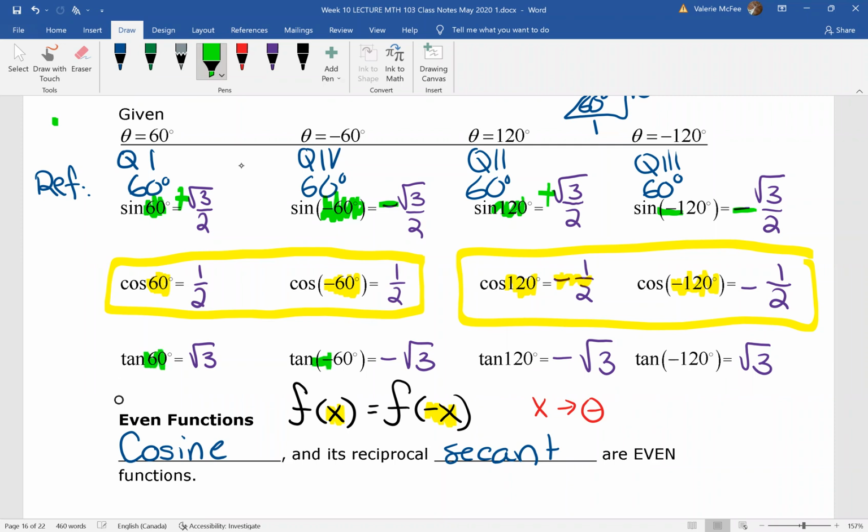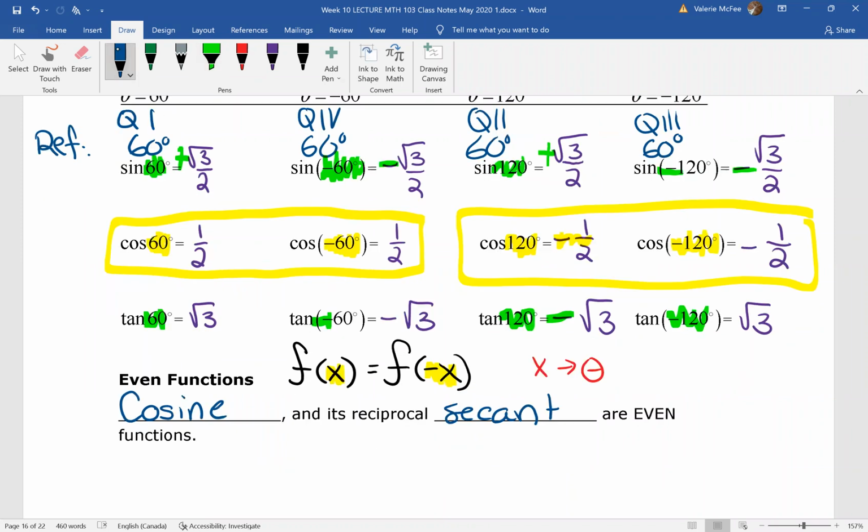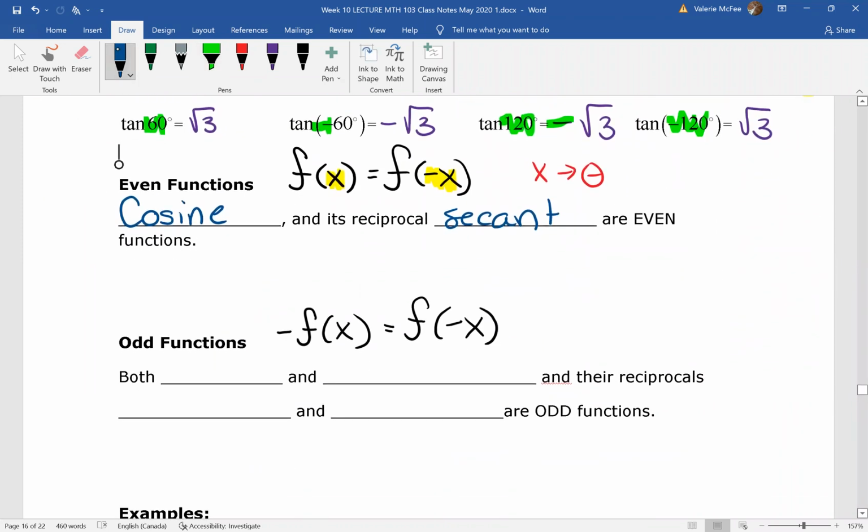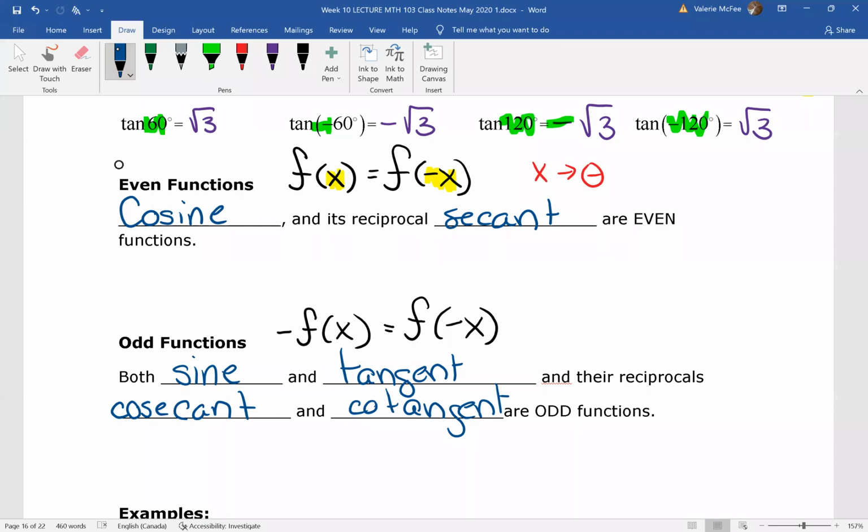That's true for tangent as well. Opposite values of theta give me opposite answers. Sine and tangent are odd functions. Both sine and tangent and their reciprocals, cosecant and cotangent, are odd functions.